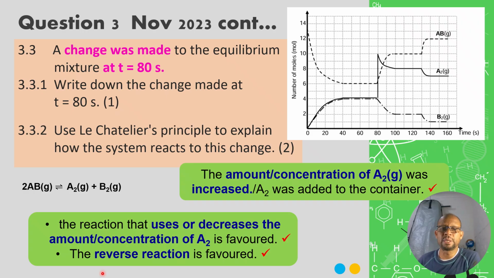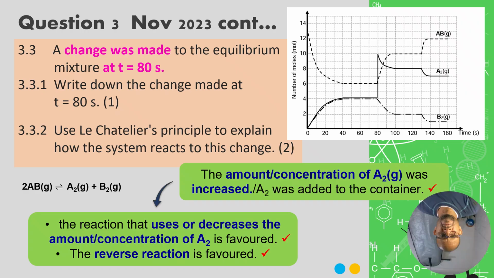So the last point we're going to say, the reverse reaction is favored. Okay, so that's important. Or you can say that the reaction of A2 with B2 will be increased to produce the original reactant. But it's much easier to say that the reverse reaction is favored. Okay, that's the answer for 3.3.2.